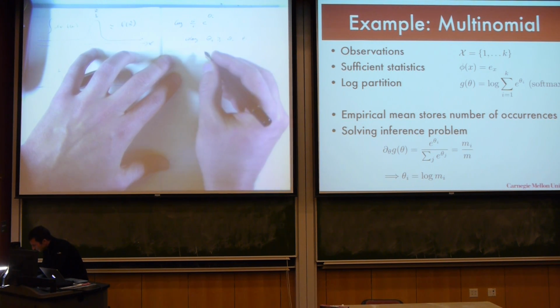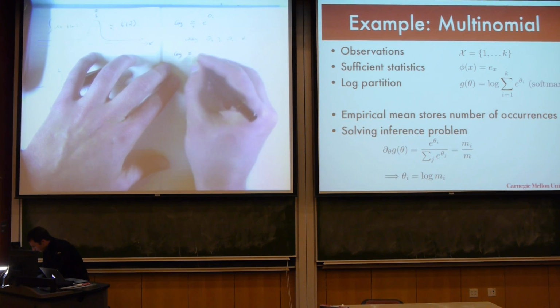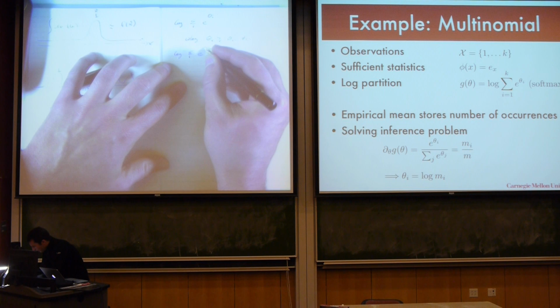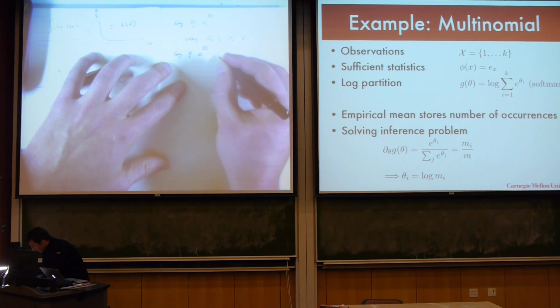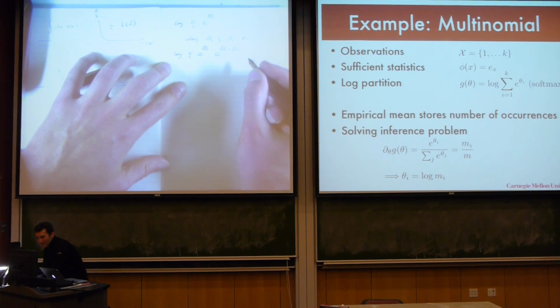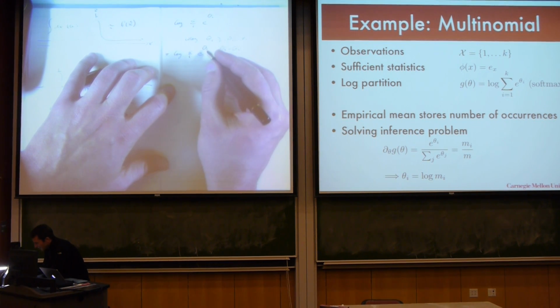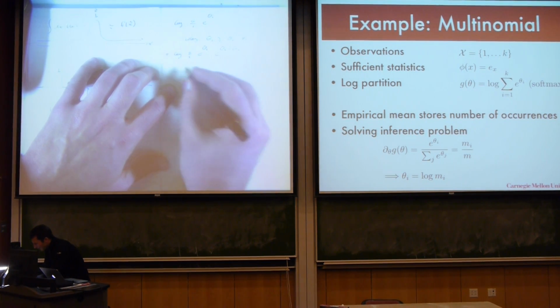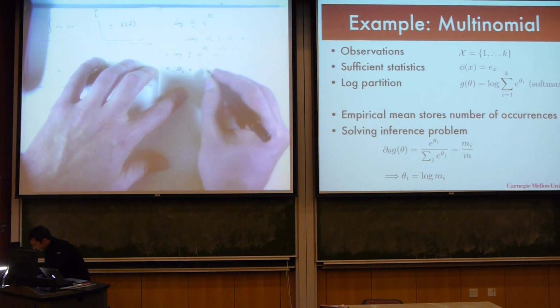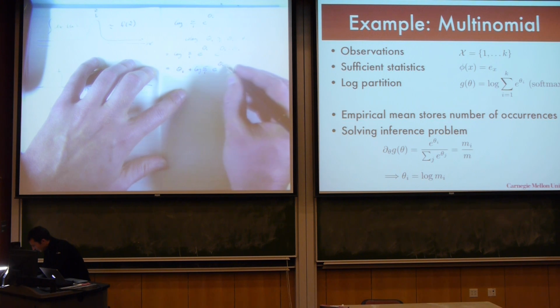So I can write this as the log of the sum over i of e to the theta 1 times e to the theta i minus theta 1. It's the same thing, I've just multiplied and divided. Which is nothing else than theta 1 plus the log of the sum of e to the theta i minus theta 1.